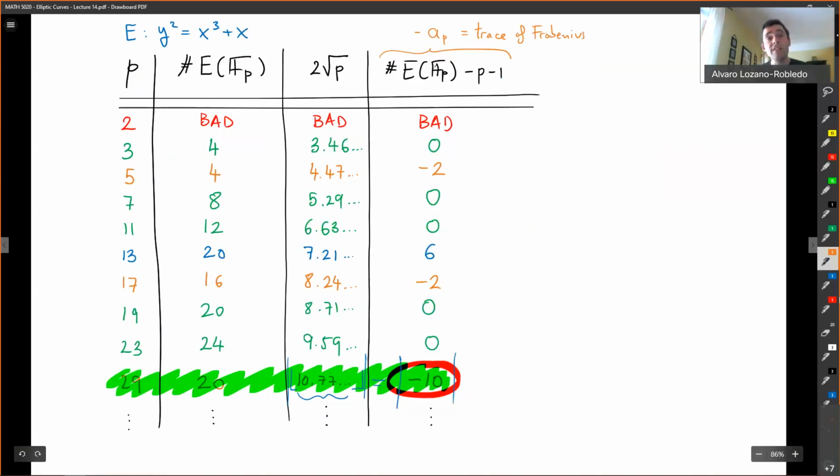We already saw what Frobenius refers to here. Frobenius is the Frobenius endomorphism, and you can write a matrix form for it, and then the trace of that matrix would be actually this number, the trace of Frobenius. So it is an actual trace, like in the linear algebra sense.